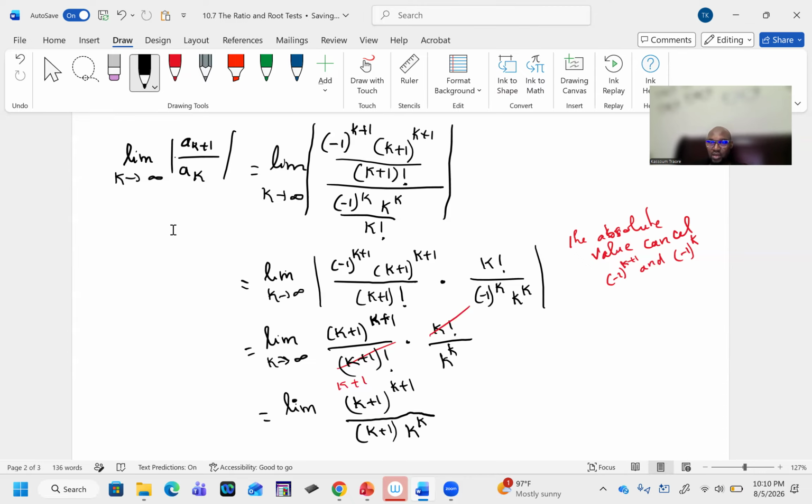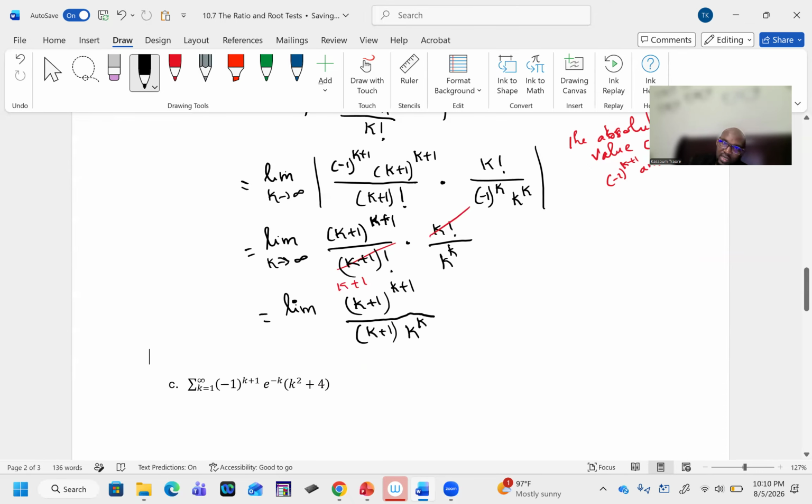So if we look closely, k plus 1 to the power of k plus 1, we know that is the same thing as what? k plus 1 to the power of k times k plus 1, right? So k plus 1 and k plus 1 will cancel out.